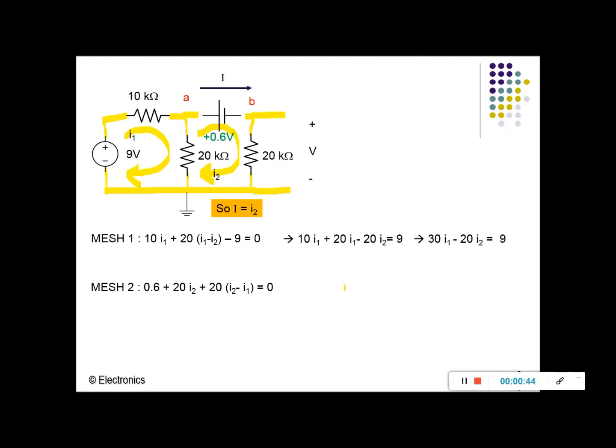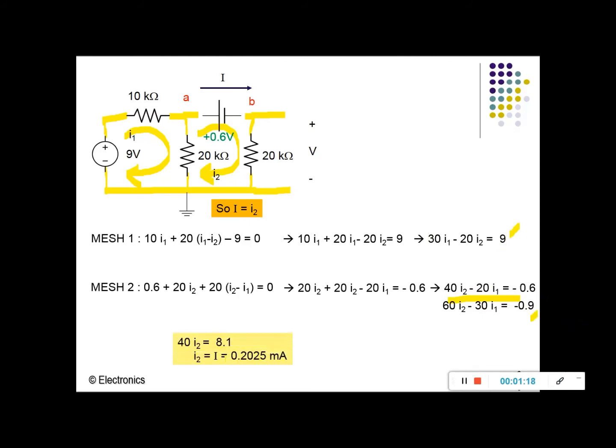Similarly for mesh 2, it simplifies to 40 I2 minus 20 I1 equals minus 0.6. So I multiplied this equation by 1.5 so that I obtain 60 I2 minus 30 I1 equals minus 0.9. And I add this equation and this equation, so I obtain 40 I2 equals 8.1, and I will get I2, the current I, equal to 0.2025 milliampere.